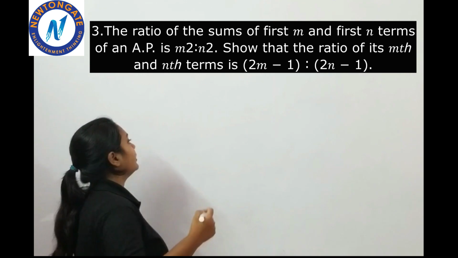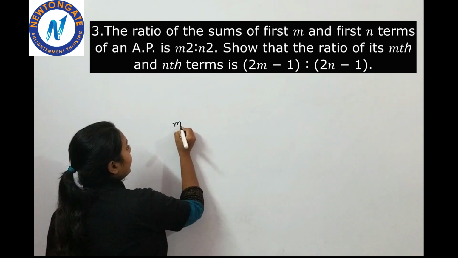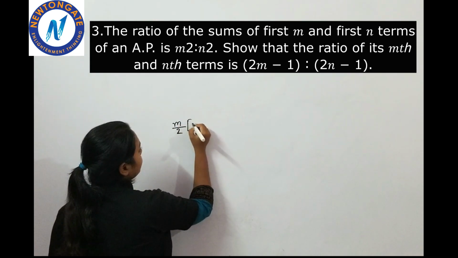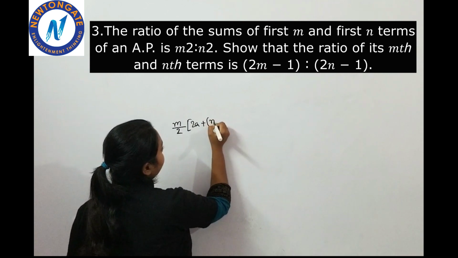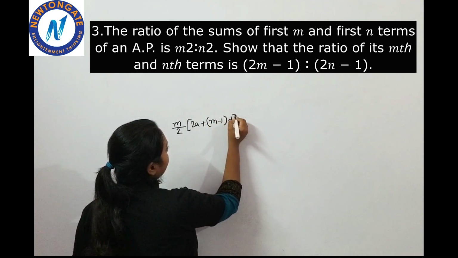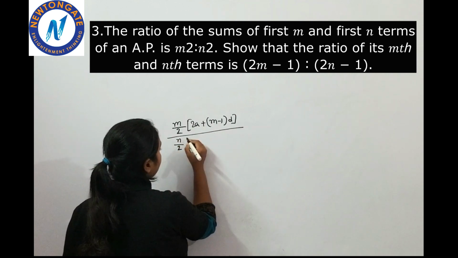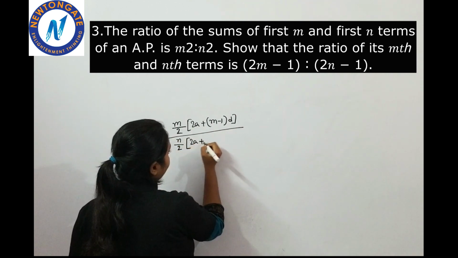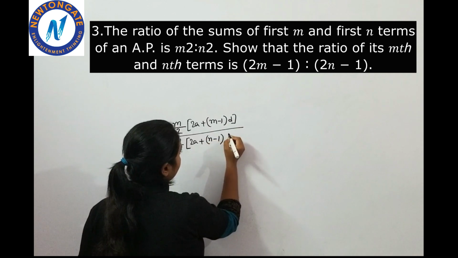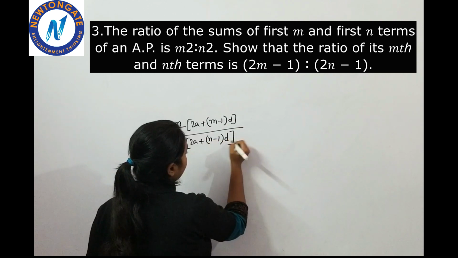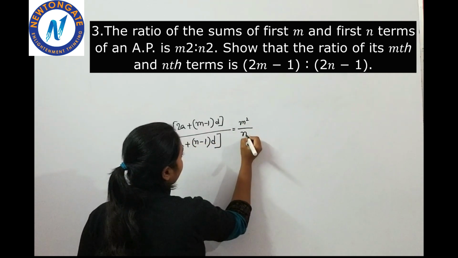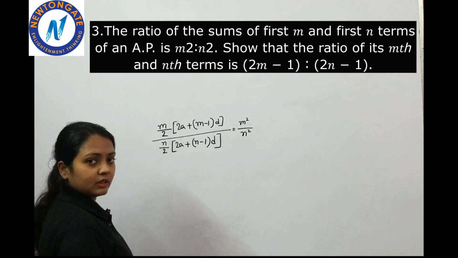Into the problem, we write that m by 2 into 2a plus m minus 1 into D divided by n by 2 into 2a plus n minus 1 into D equals m square by n square. Right?